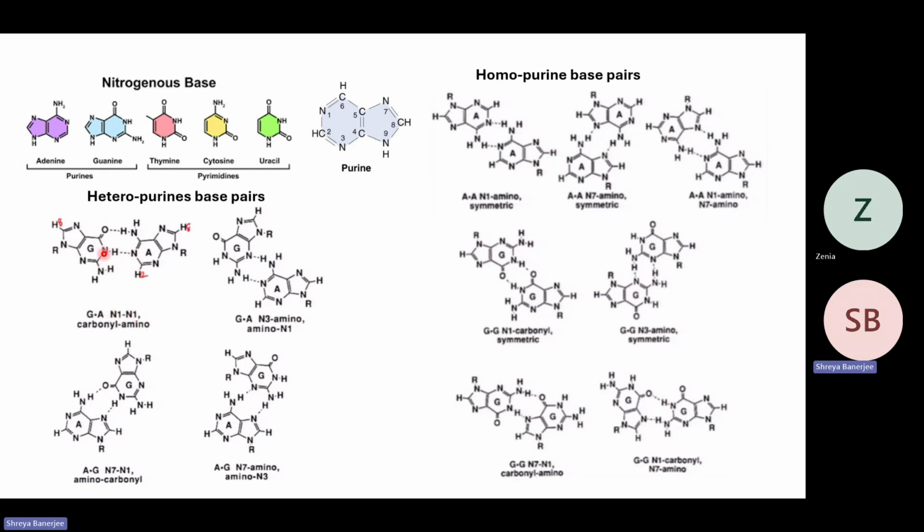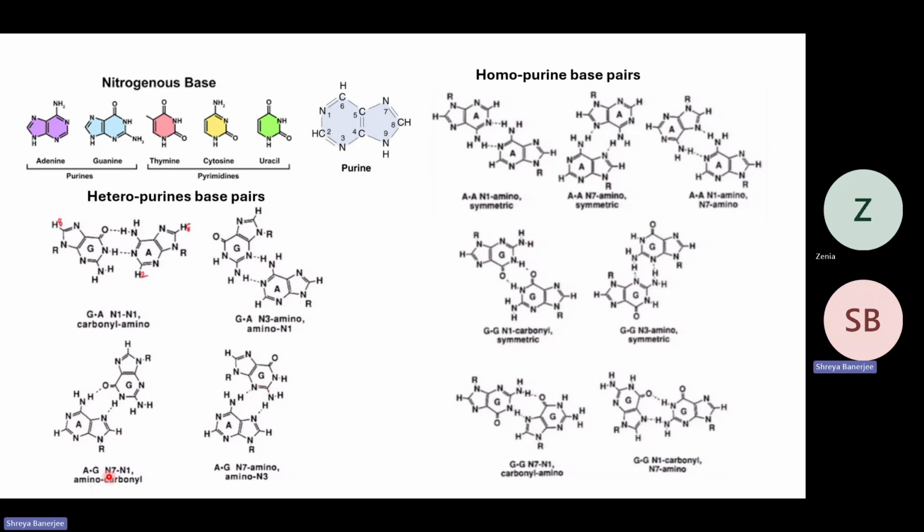So N1 of G with N1 of A, and carbonyl of G with amino of A. Again, AG can form a different kind of base pair: N3 of G with amino of A, and amino of G with N1 of A. These two are AG. So these were GA, these are AG.